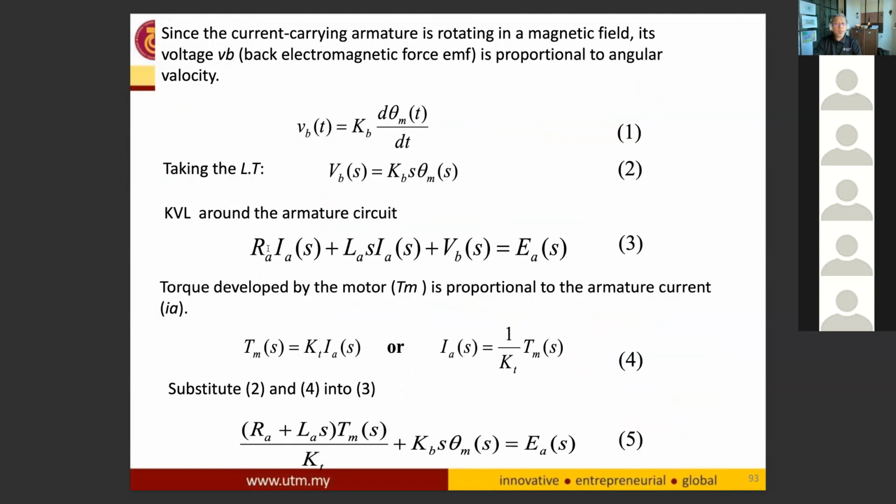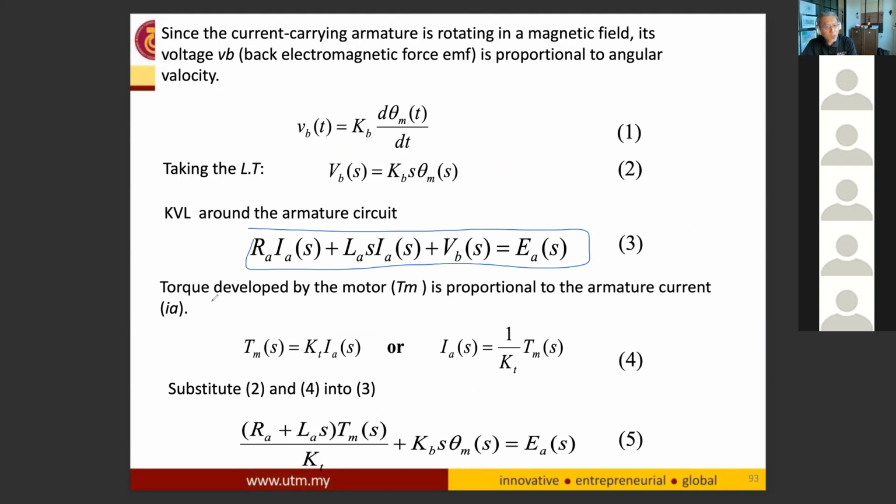So that is how we get the KVL equation around the armature circuit as shown here: VB plus LA s IA plus RA IA, in Laplace form, which is equal to the voltage supply EA.